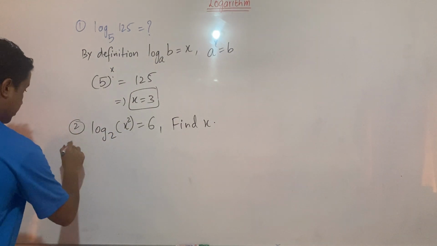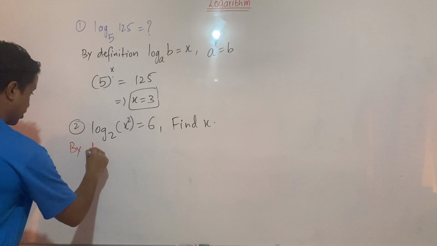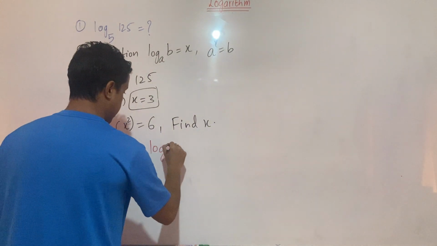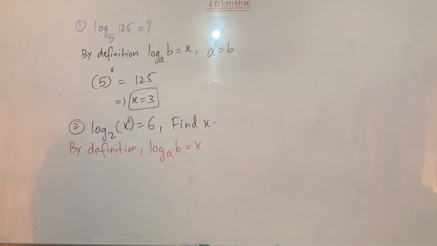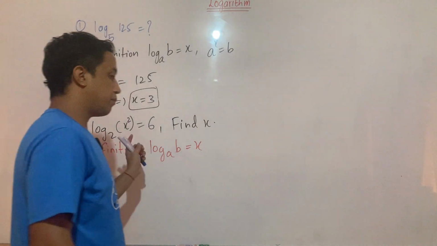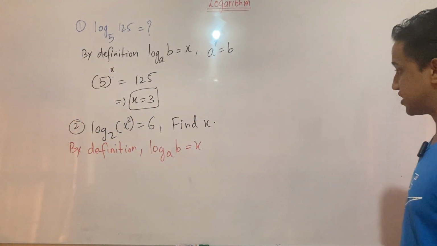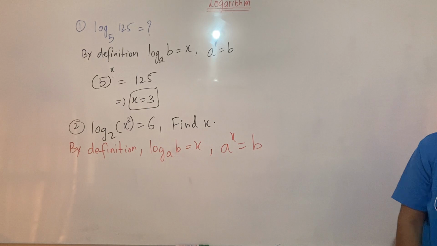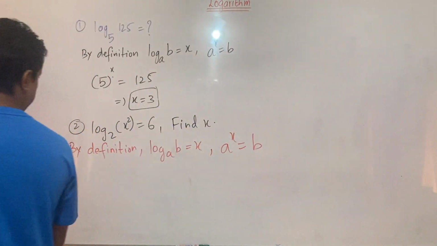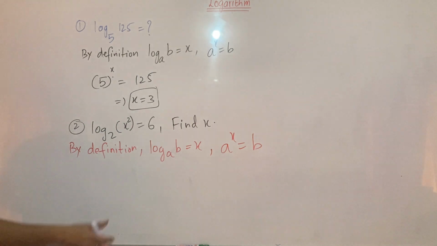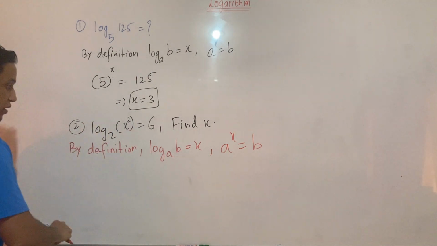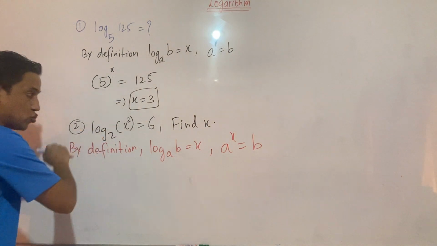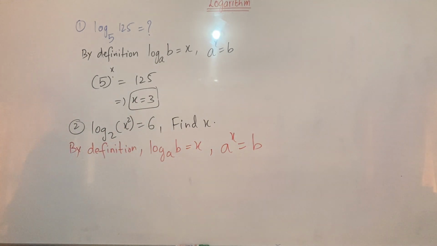Now see here. By definition, log of b to the base a is x, so log b to the base a equals x means that a^x is going to be b. So what does it mean? It means that to what power this 2 must be raised to get x squared as your answer.